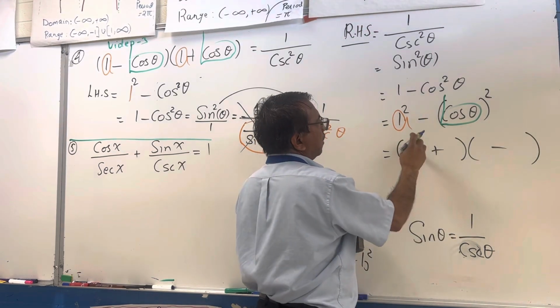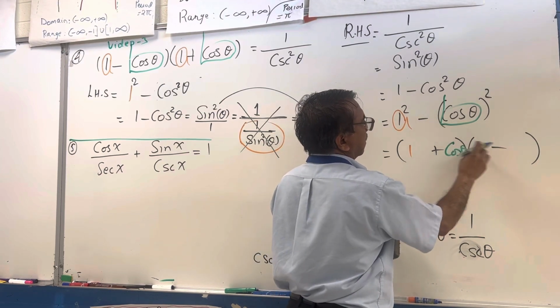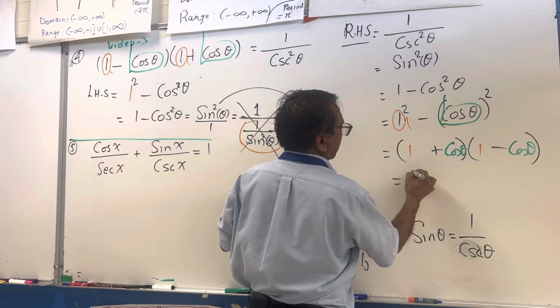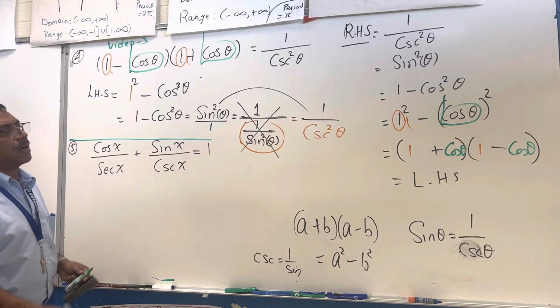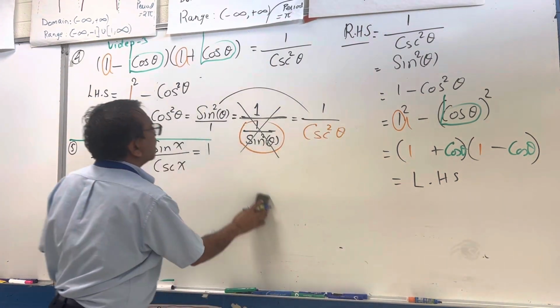So you get a is 1 and cosine is this, and that was the question there. So you can start with the left and get the right, or start with the right and get the left. Let's do another identity.